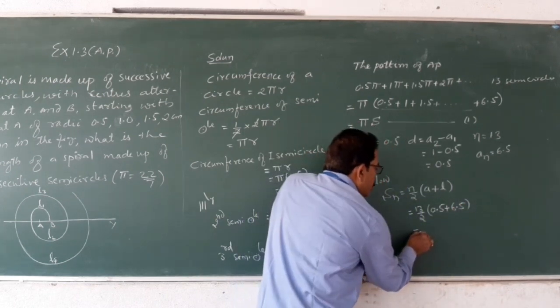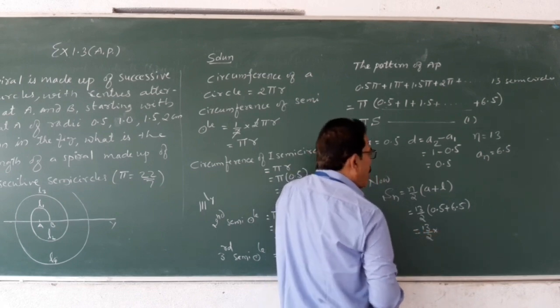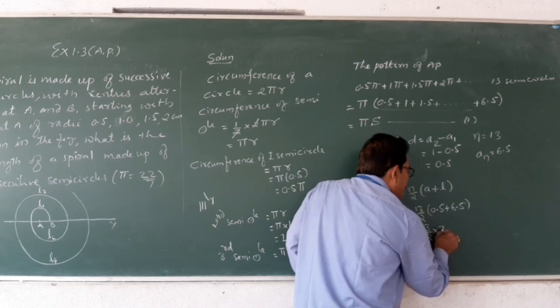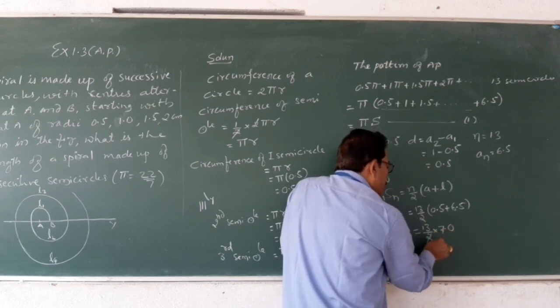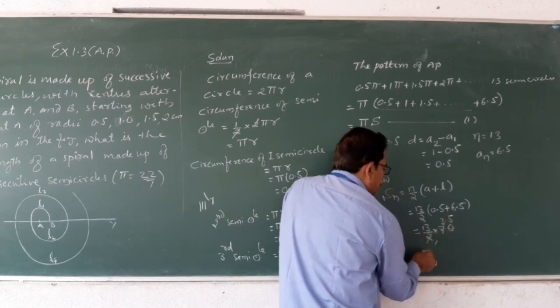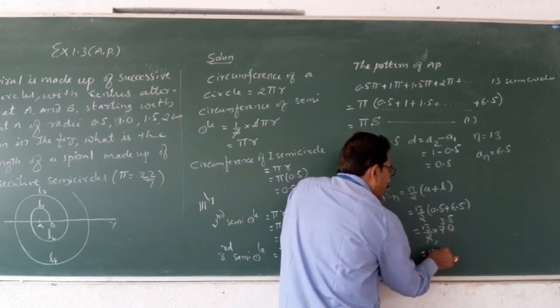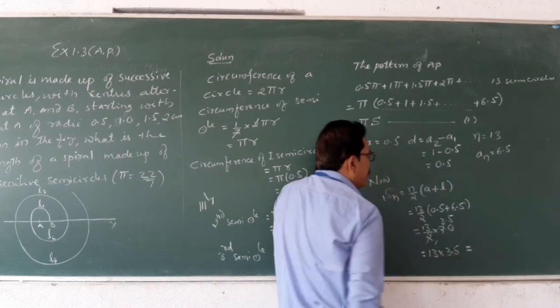So 13 by 2 into 7, that is equals to 13 into 3.5.